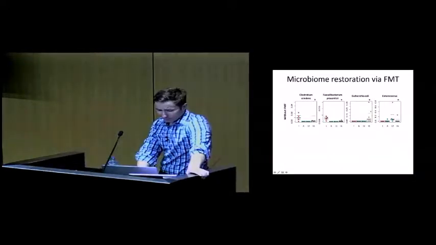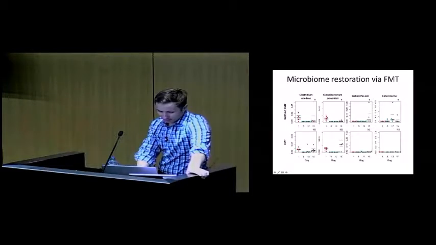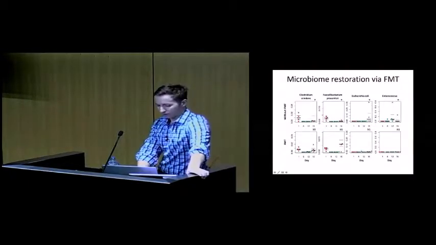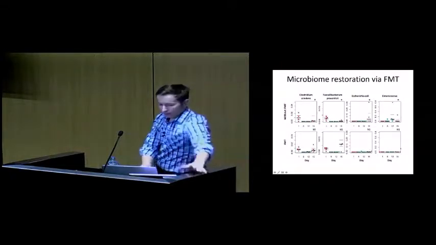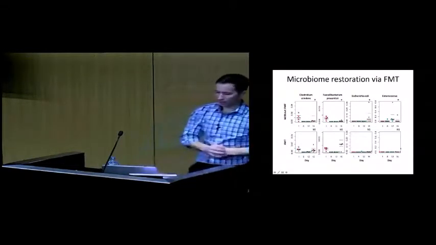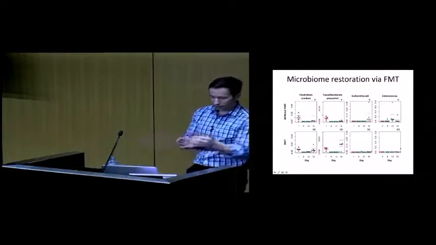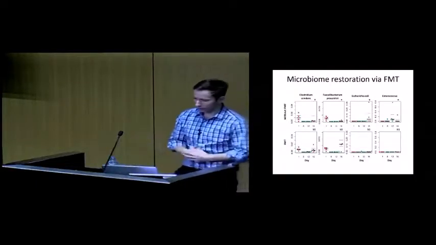So they have significantly more of those by the end of 2 weeks. Whereas the mice that get FMT, they have restored C. scindens, they have restored F. prausnitzii, and they don't have a significant amount of E. coli or Enterococcus. So it seems as though FMT from a random healthy mouse can help them stay in a healthy configuration.